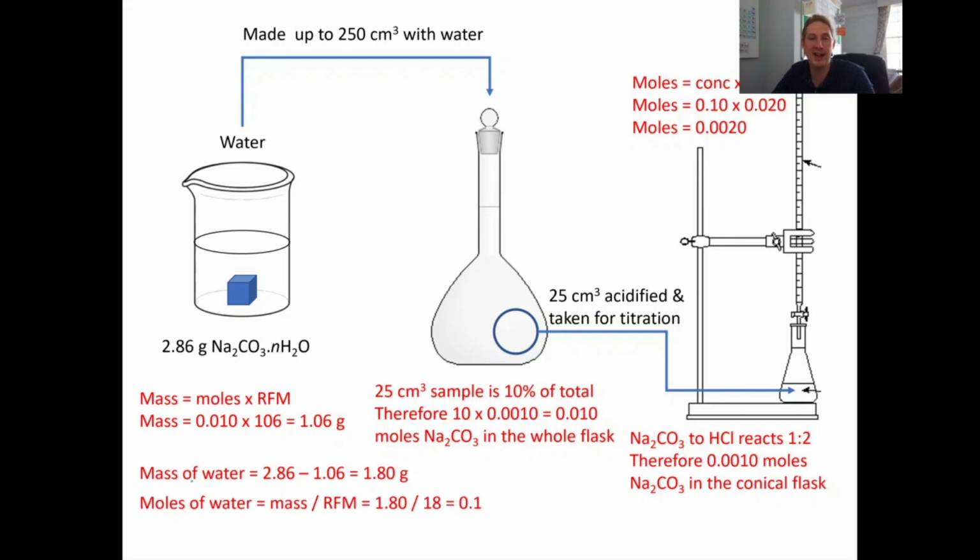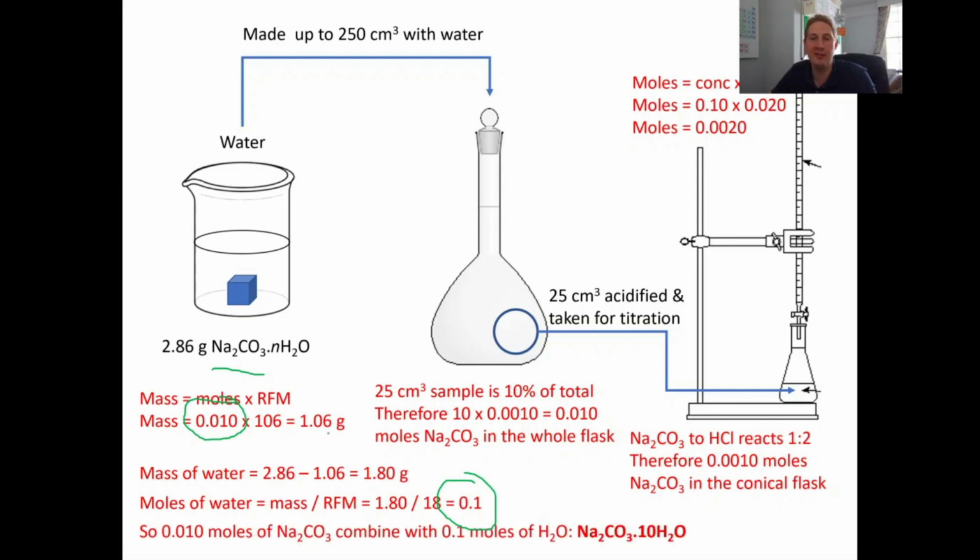How many moles is that? That's 0.1 moles of water. So we've got 0.1 moles of water, and we've got 0.01 moles of the sodium carbonate. So that means we've got 10 times as much water as we have sodium carbonate. So therefore the ratio must be Na₂CO₃·10H₂O.